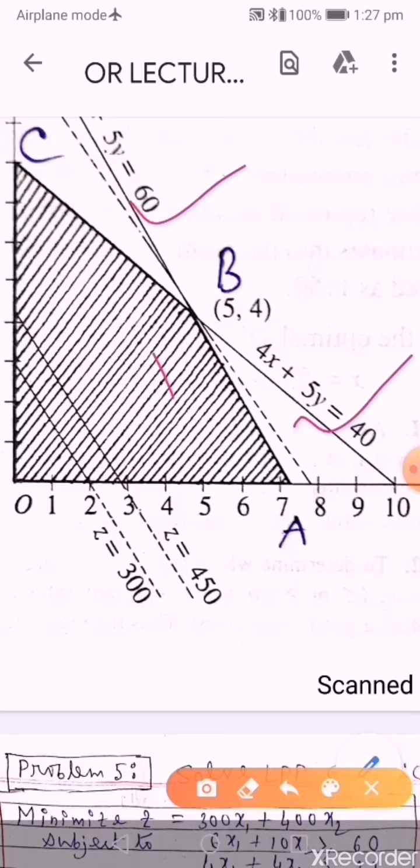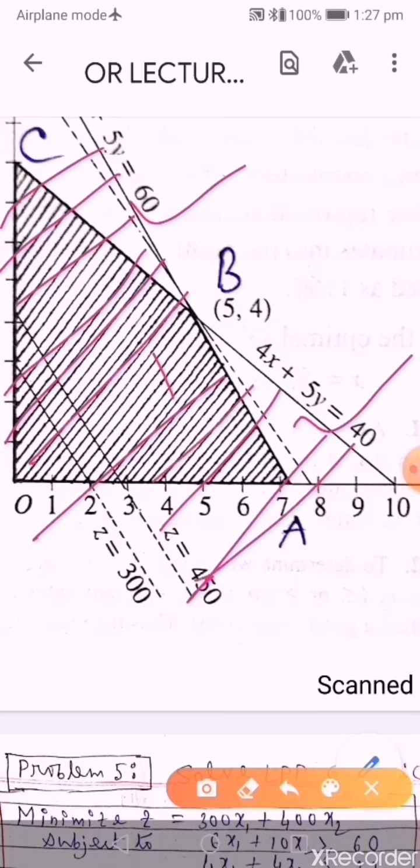Since it will cover the region towards the origin, as we can draw this way, the entire portion towards origin, and x greater than equal to 0, y greater than equal to 0 means entire first quadrant where x positive as well as y positive.